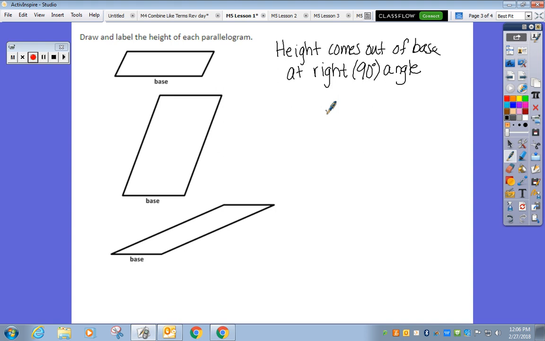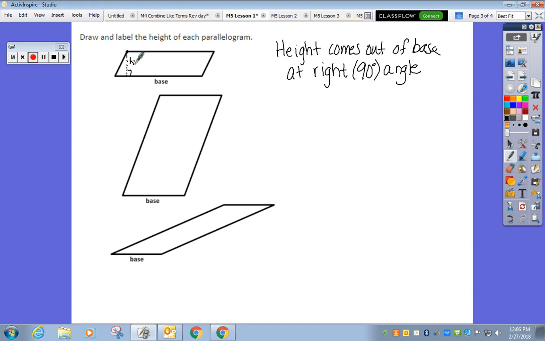Now, it goes to the opposite side, okay? So if I wanted to do the base, and typically I would go to the opposite vertex. So I would go to a point on the opposite side, and I need to come out of the base at a right angle. So if I come down here, this would be considered the height there.